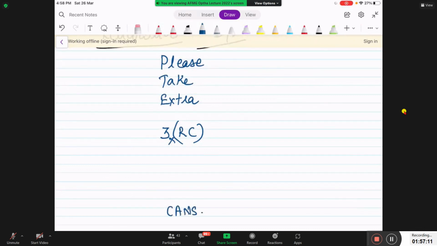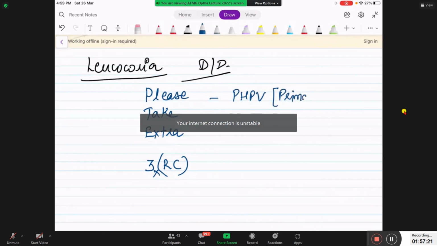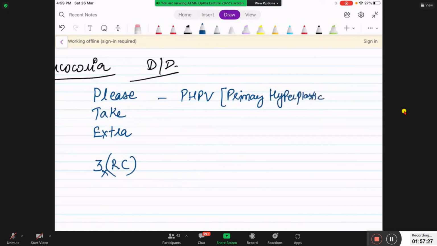CANS. P stands for PHPV. It is persistent hyperplastic primary vitreous. T stands for toxocariasis.